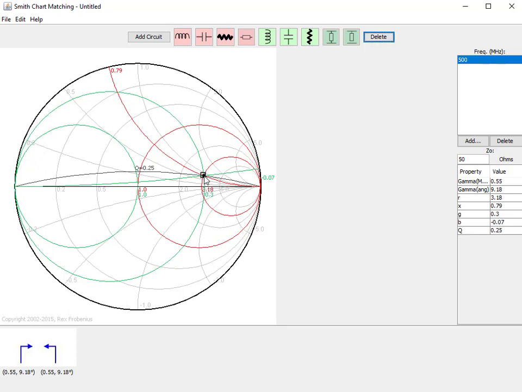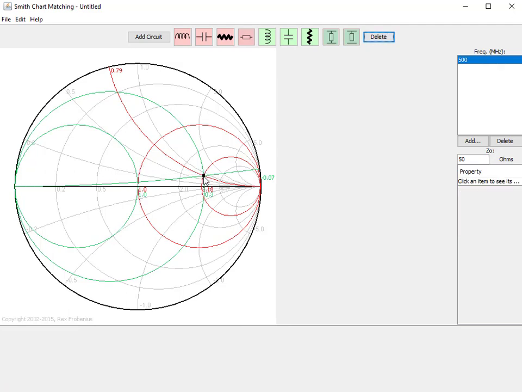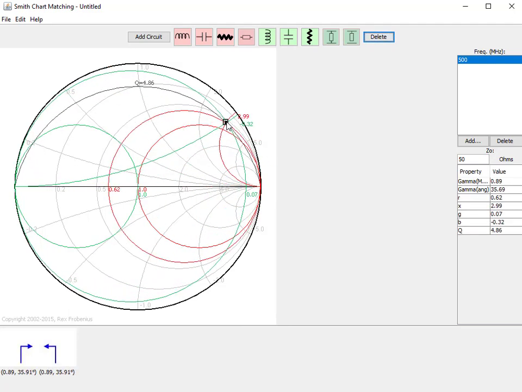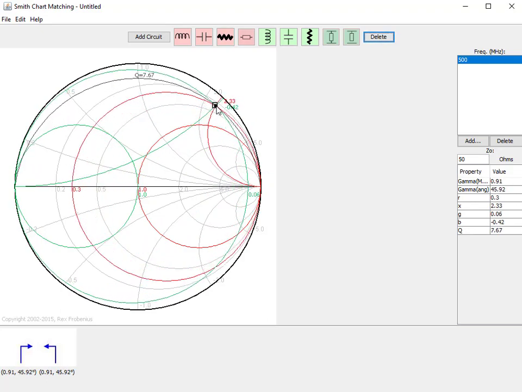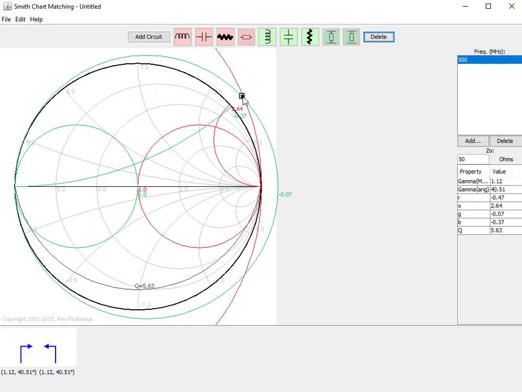But once you start working with amplifiers, transistors basically, it's possible that the reflected wave could, not desirable, but it's possible that the reflected wave could come back stronger than the forward wave. And in those cases, it's actually going to send the magnitude to be greater than 1. It's going to leave the chart.